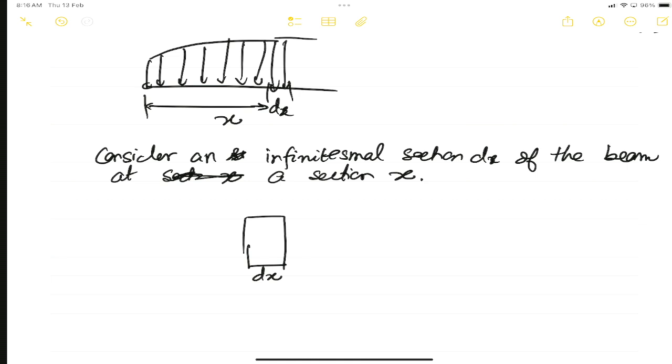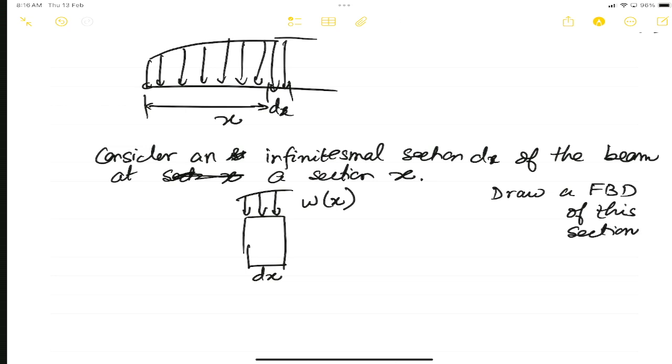So, this is the element of the beam dx, and on this the load is W of x. Okay. And we draw a free body diagram of this section. Okay.